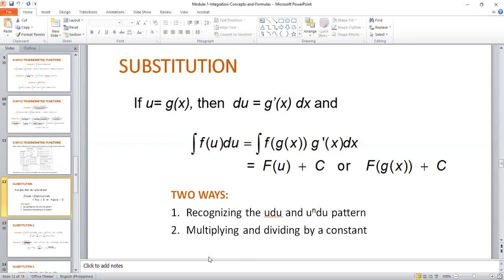Now, it's also recommended that if you need to complete the derivative of your u by multiplying it with a constant or dividing it by a constant, you may do so, as long as the original integral will be multiplied by 1. Let's say, for example, you need 1/2 in your du.